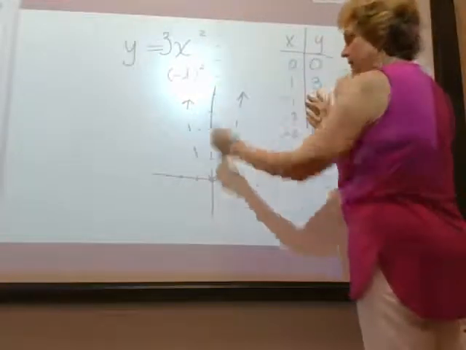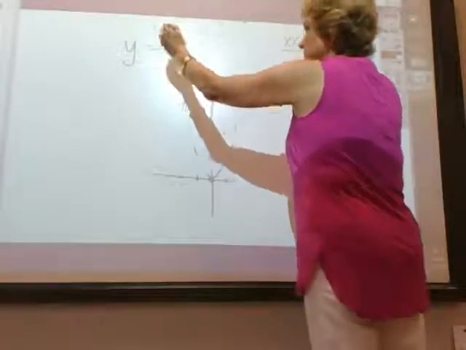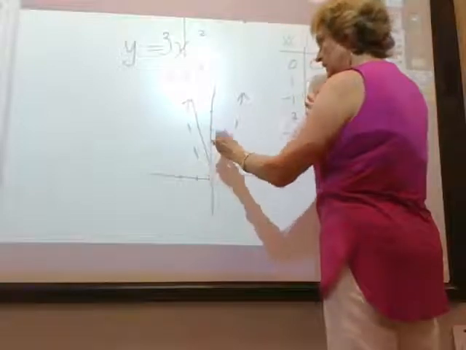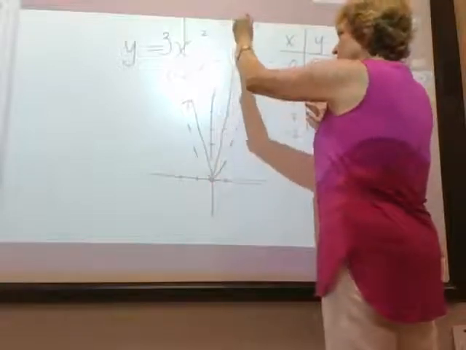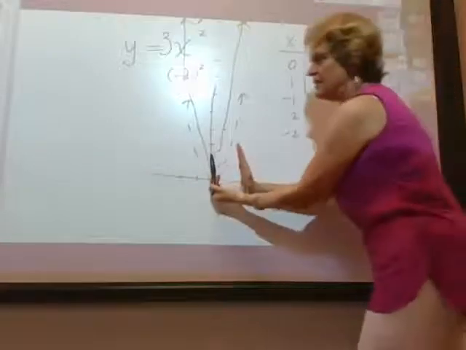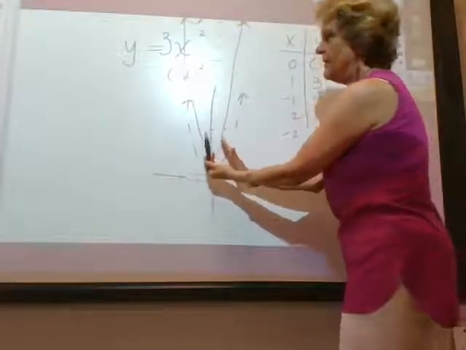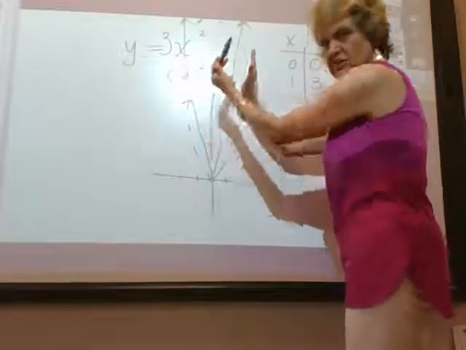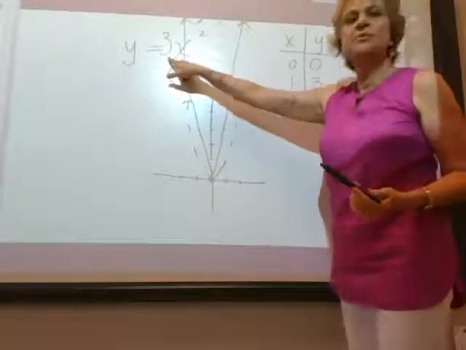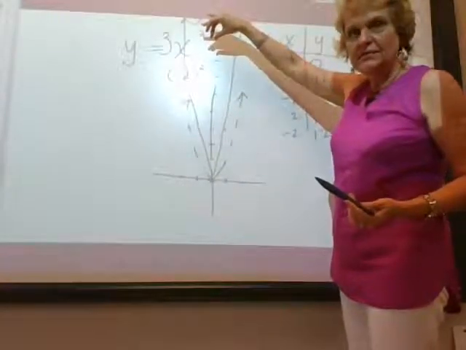So this is going to be really, really skinny and tall, isn't it? While the parent graph, the basic x squared, went like this, multiplying by 3 made it skinnier and stretched it. And the higher this number is, the more skinny and tall it will be.